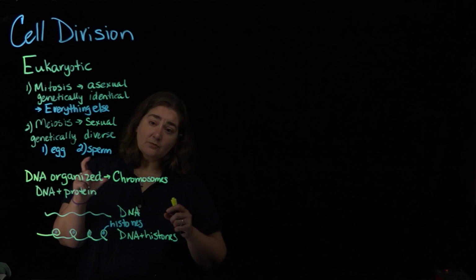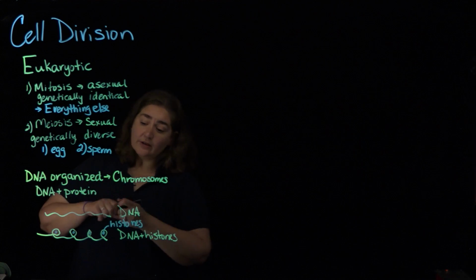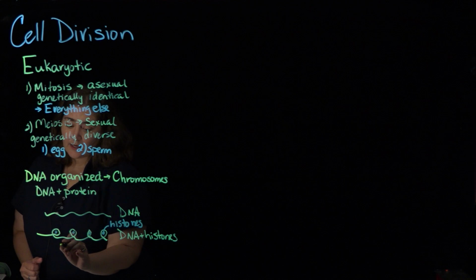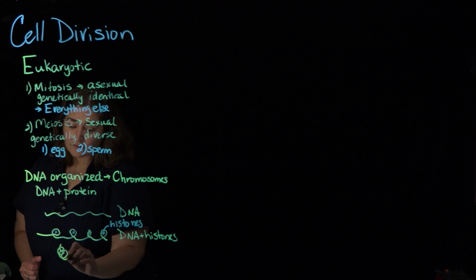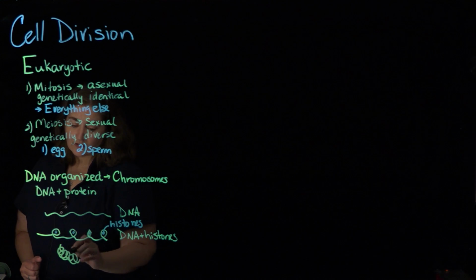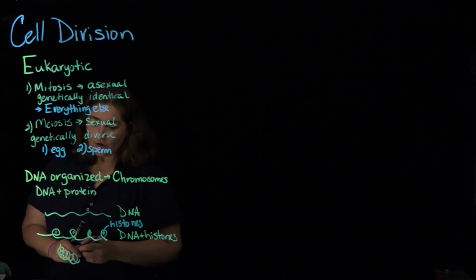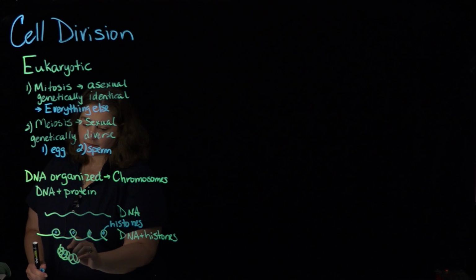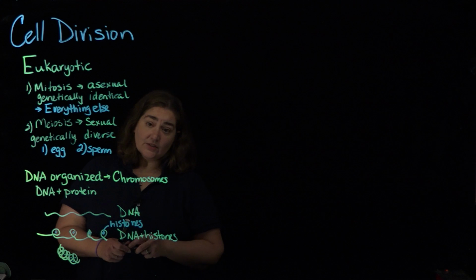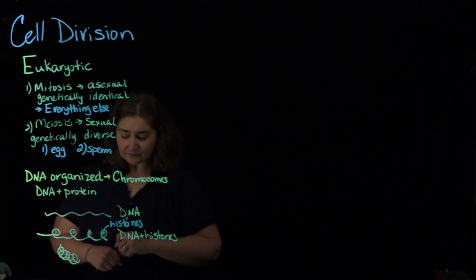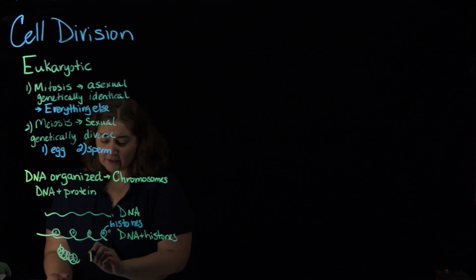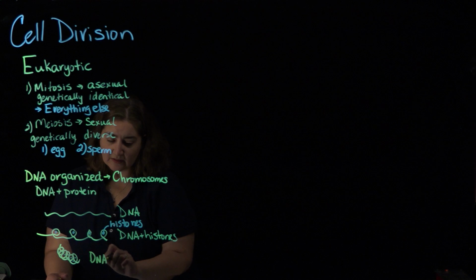Then you're going to get more coiling, and those histones and DNA will coil around each other. The blue dots I'm drawing here, again, these are going to be histones. These are not cells. I know it can look similar.